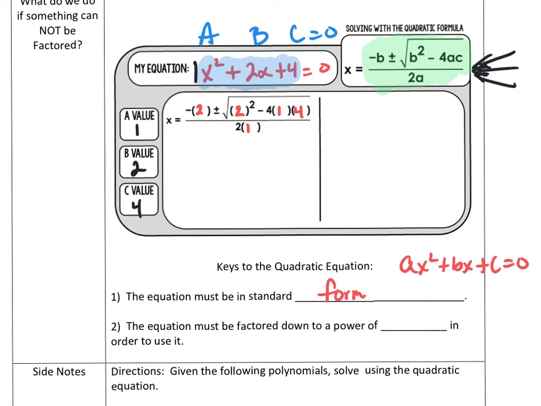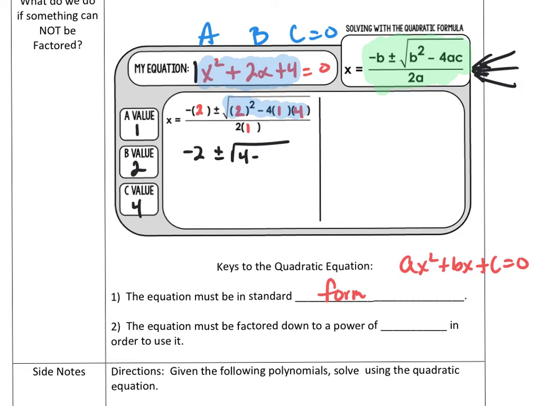Now, what I would do is don't look at this as one big piece. We're going to simplify what is underneath my square root, or my radical, first. Okay, so we would have negative 2, because we're not touching that negative 2 on the outside first, plus or minus 2 squared, which would be 4, minus 4 times 1 times 4.